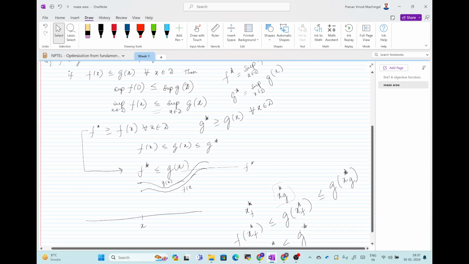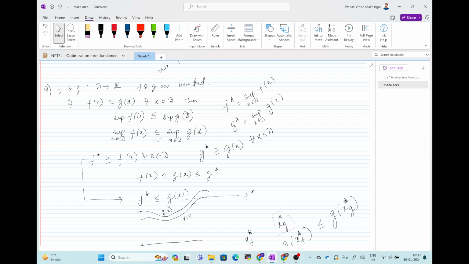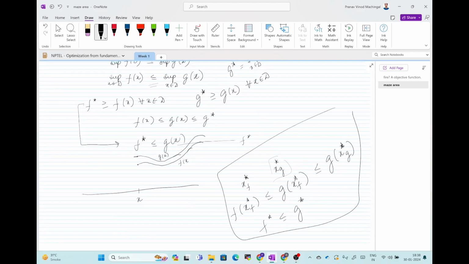One way maybe is, because f and g are bounded, can we use that property? No, I'm talking about f and g being bounded, not the domain. This was when the domain D is compact.